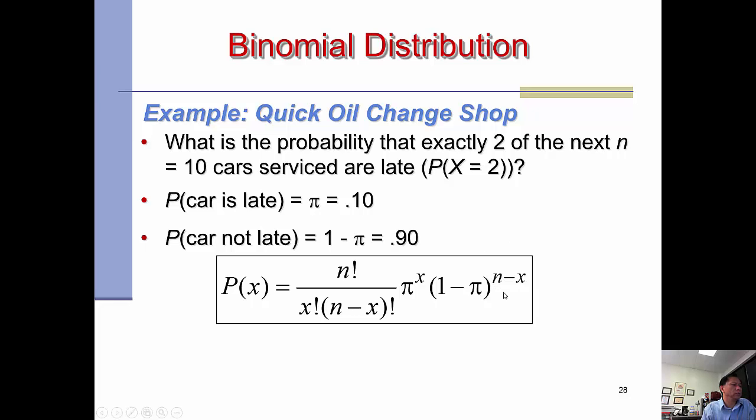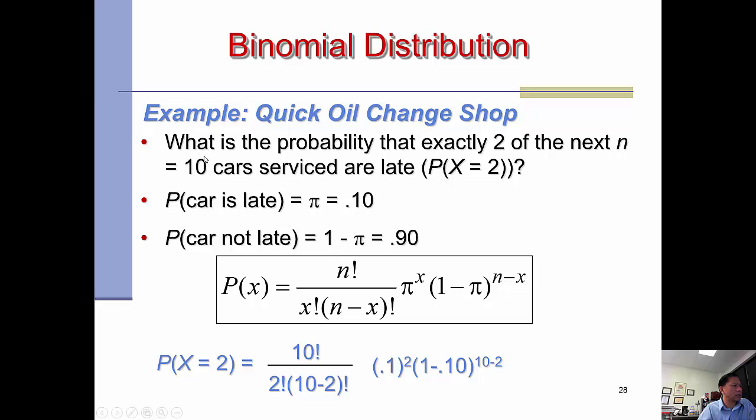If we plug in the numbers, n in this case for the next 10 cars is 10, so 10 factorial, x is 2, n minus x is 10 minus 2, Pi is 0.1 to the power x, which is 2, times 1 minus Pi to the n minus x power. If you carry out this calculation, you get 0.1937. That is the probability that exactly 2 out of the next 10 cars are late. Okay?